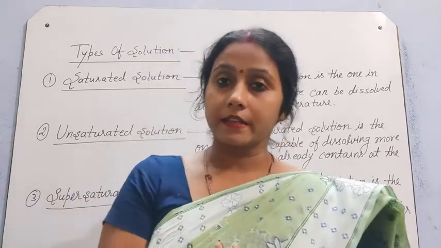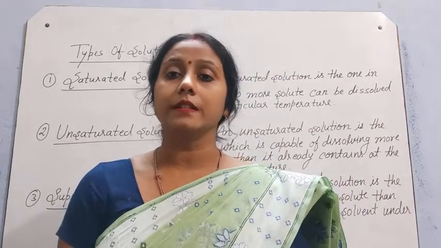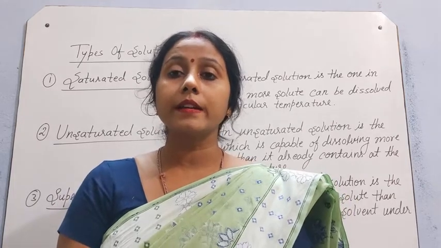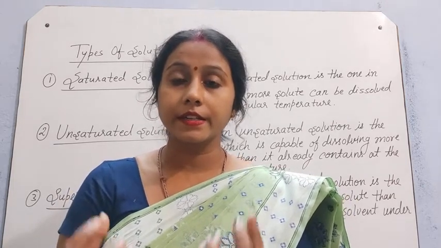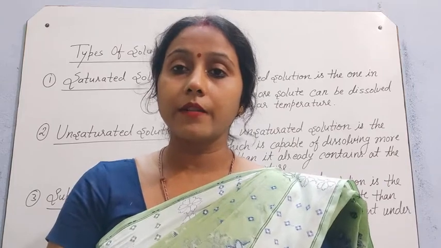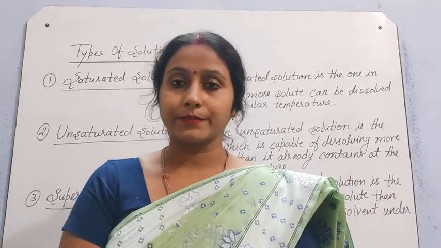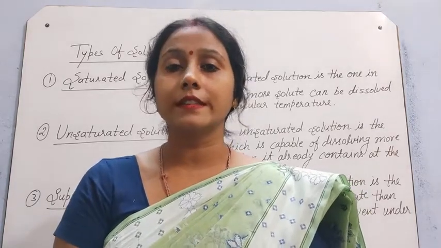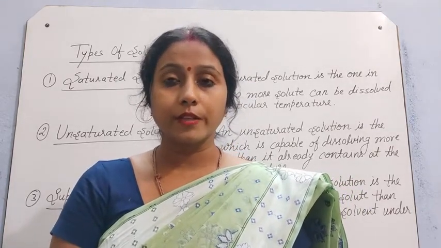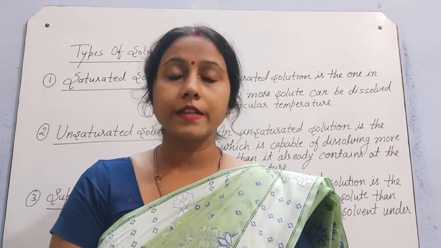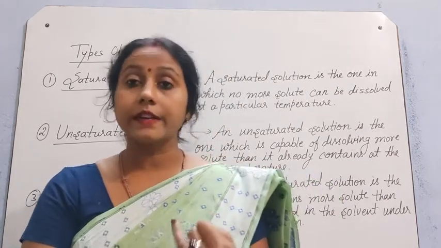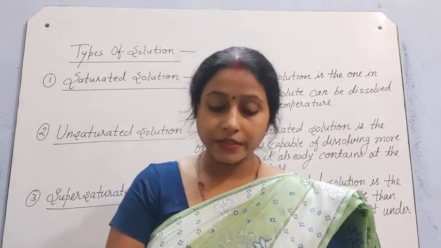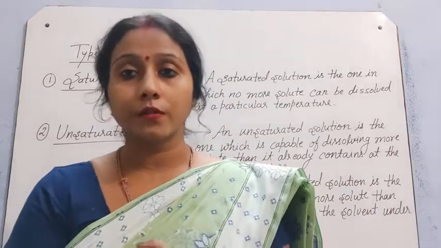If leakage is there, then a petroleum spill is there, and it makes a thin layer on the water, and that's why marine life doesn't get air from the atmosphere, and they die. So these 4 causes are there: first domestic waste, second agricultural waste, third industrial waste, and fourth petroleum spills. Okay students, so these are the causes of water pollution.